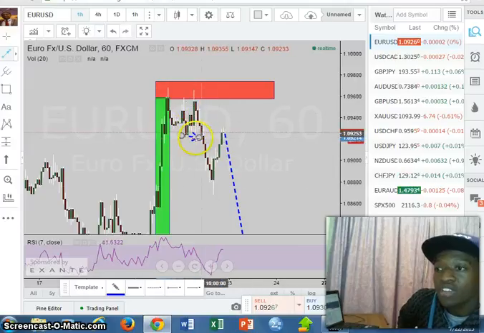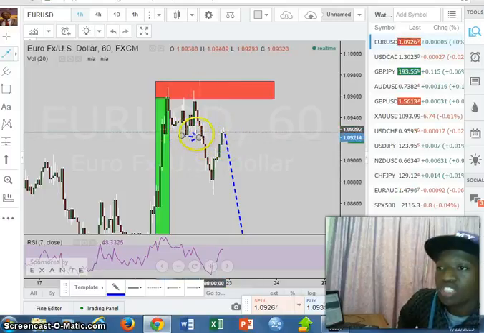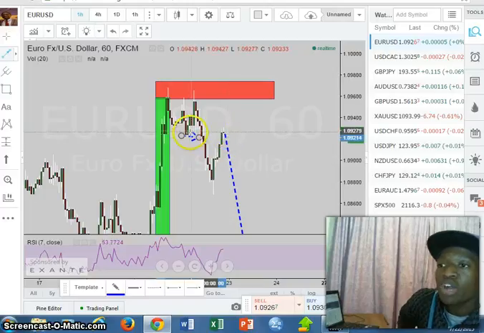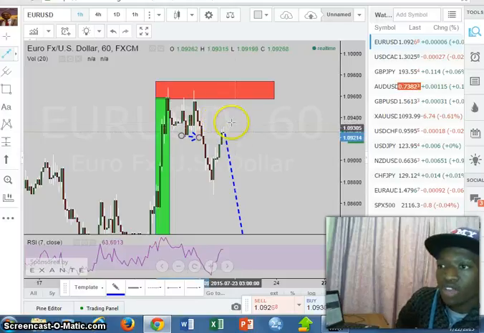So now looking at this, we broke previous structure, price action is coming to new structure highs. Not really new structure highs, pardon me. We're coming into resistance, previous structure support. So again, here we have a bias that there are traders looking at this zone.